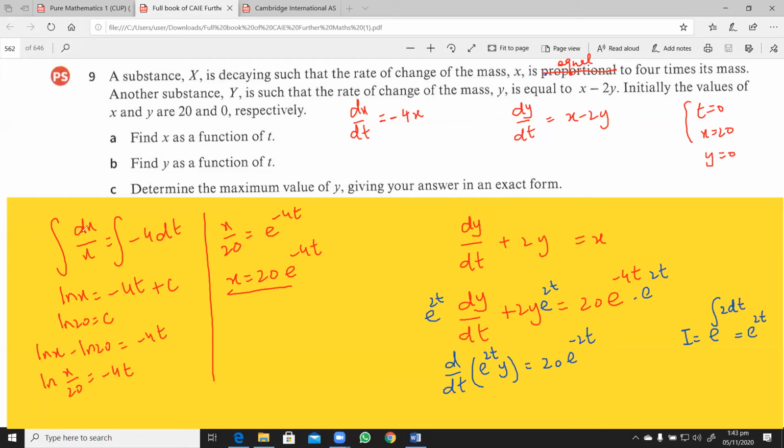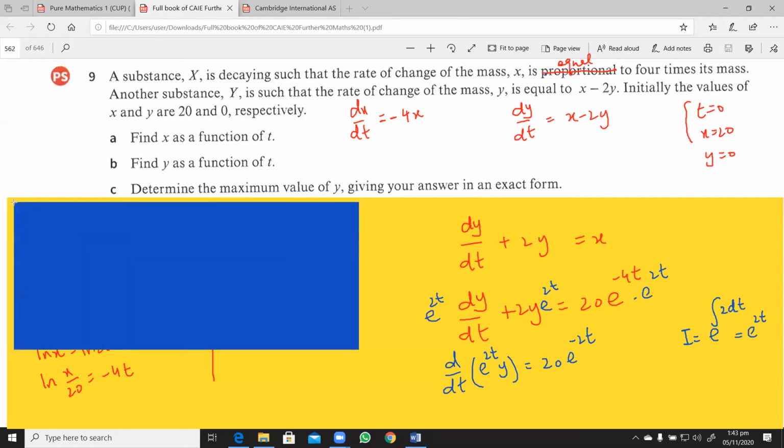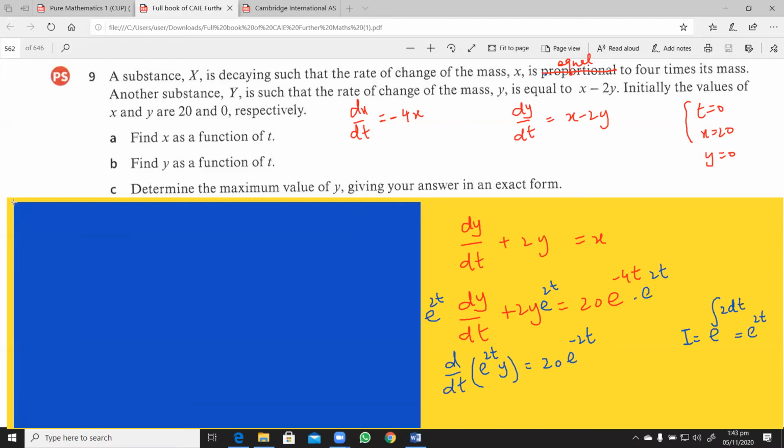Okay, I hope you have written it down. So this is going to be d by dt of e raised to power 2t y equal to 20 e raised to power minus 2t dt.